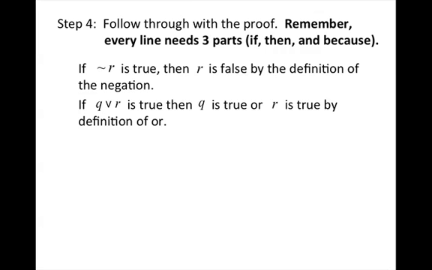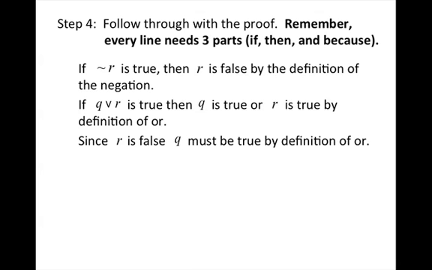Now you prove which one is true. Well, since R was false, Q must be true. And again, we're using the definition of the OR. So at least one of these has to be true. Since R was false, then that means Q must be true by definition of the OR. And anytime you use the OR statement, you're always going to have these 2 lines.